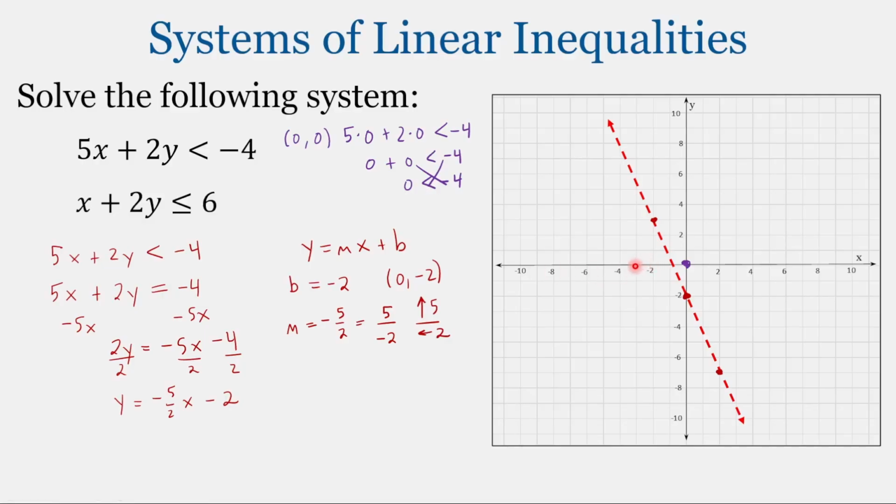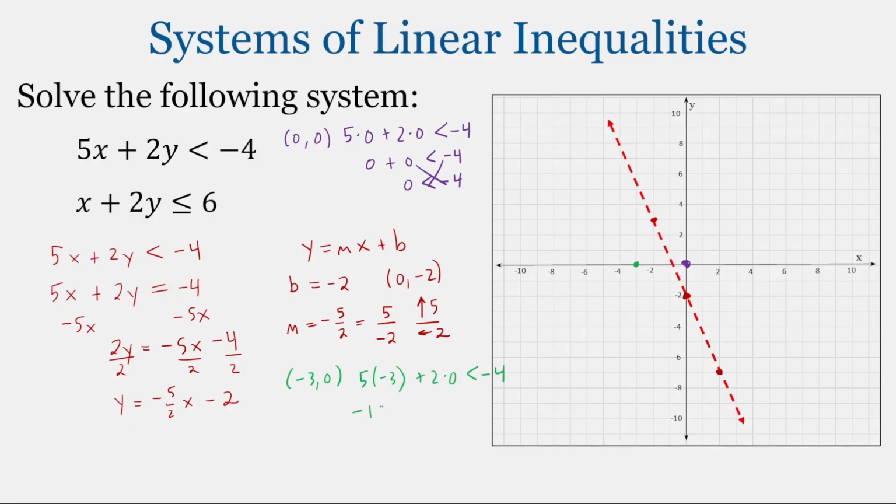So now let's pick a point on the other side. I'll go with a point on this x-axis. We'll pick negative 3, 0. So with negative 3, 0, this will give us 5 times negative 3 plus 2 times 0 less than negative 4.